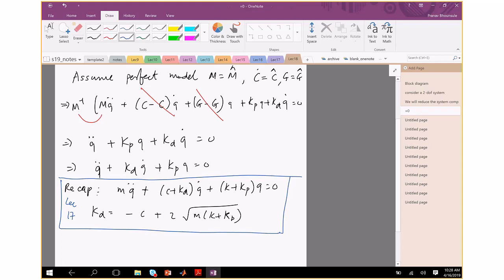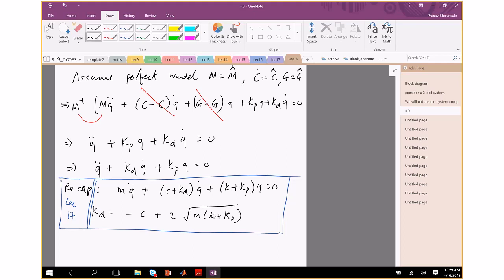For this system, which is after input torque equals the PD controller, we found that to have critical damping, we need this damping term. So now we can look at this equation and try to use that to find the values of K_P and K_D so that this system is critically damped.